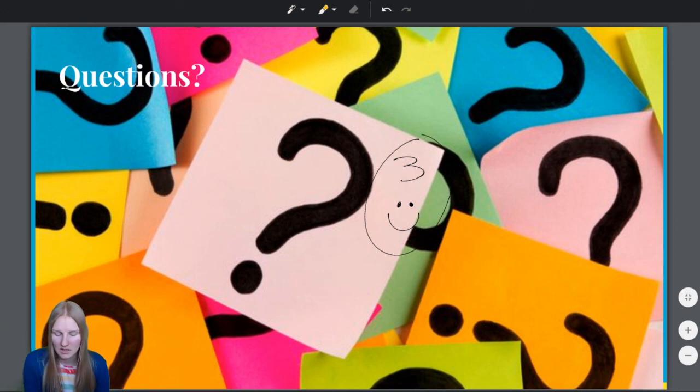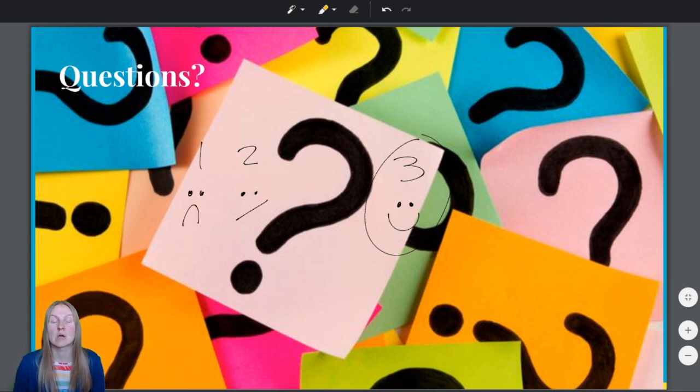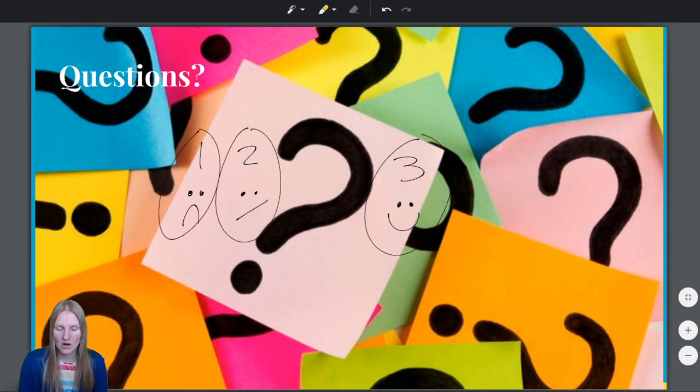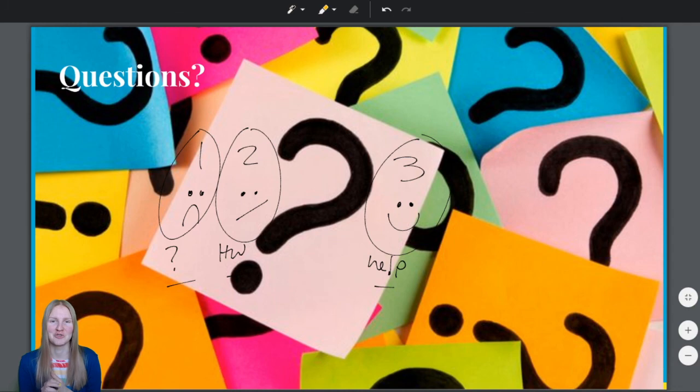Are you a 3? Are you a little iffy, like I think I got it but I need to try some more? Or are you like, I have no idea what's going on right now? No matter where you're at, it's all part of the learning process. So, ask questions, try the homework, help your friends, whatever stage you are at in the learning process, there is an appropriate action you can take.